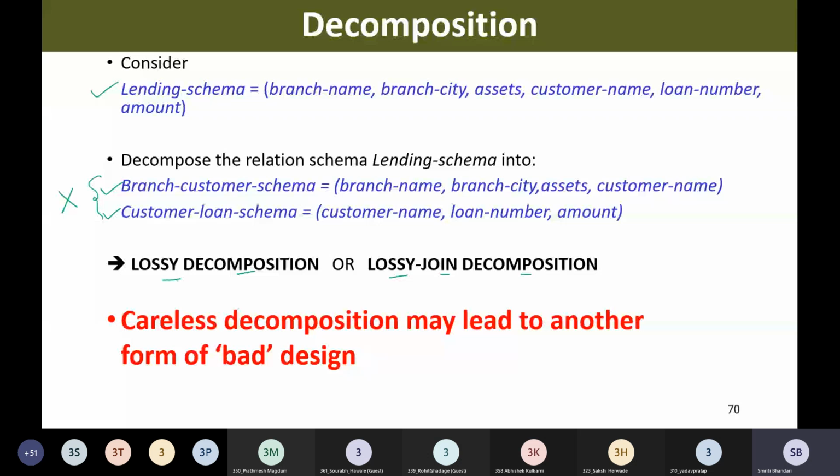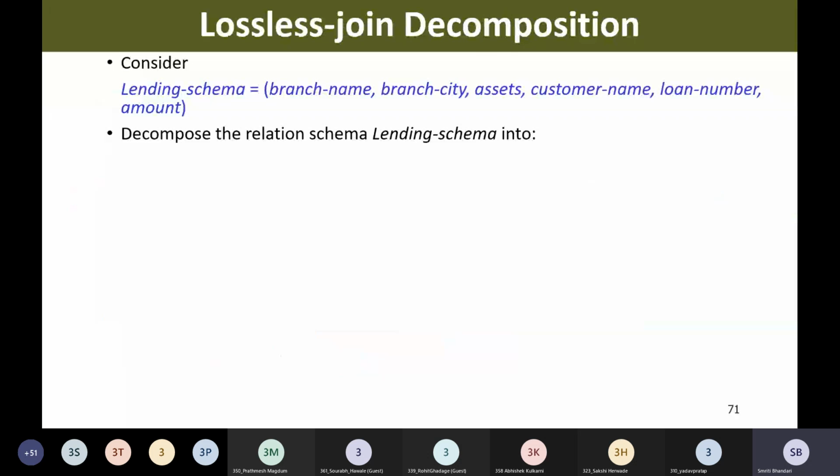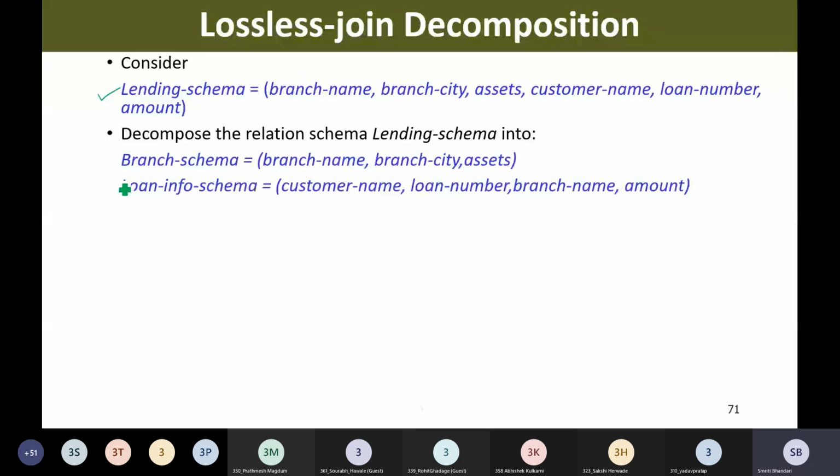Now let us see another way of decomposing the same relation, the lending schema. Now this lending schema is being decomposed into two relations once again. In these two relations, we have the branch schema with three attributes: branch name, branch city, and assets.